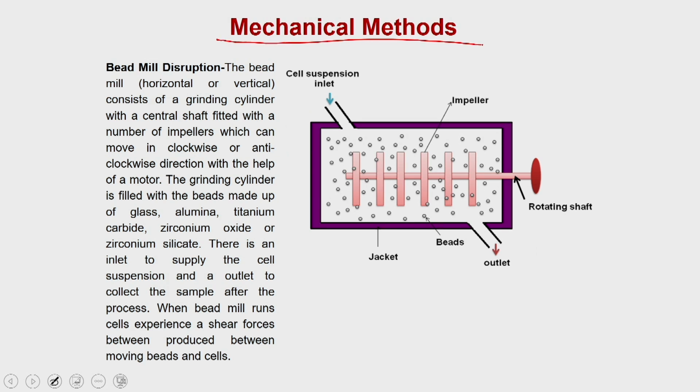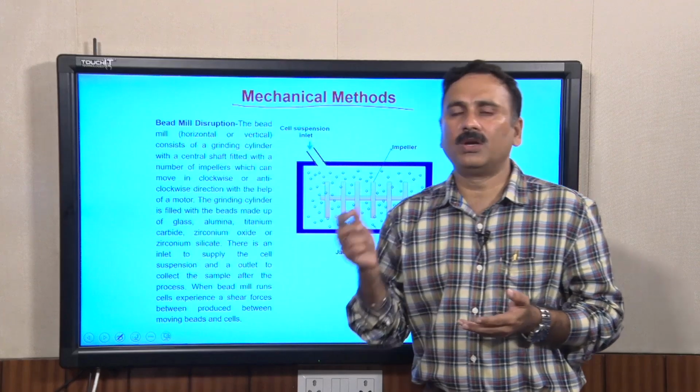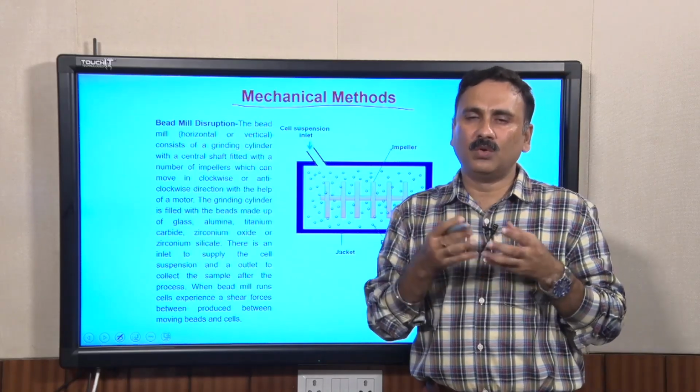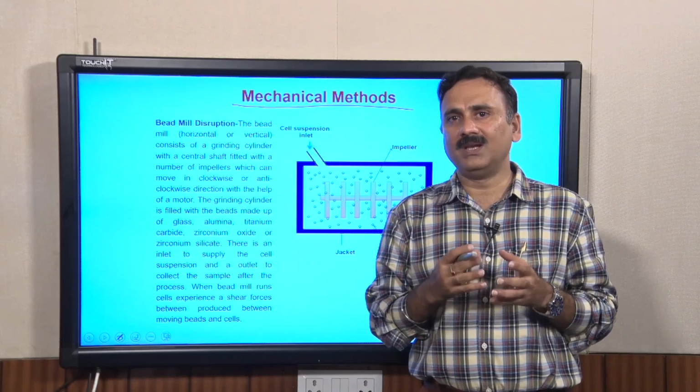So, we have discussed the high pressure homogenizer, and we have also discussed the bead mill disruptors. The bead mill disruptor or the high pressure homogenizer is used in conditions where the host cell is very sturdy.